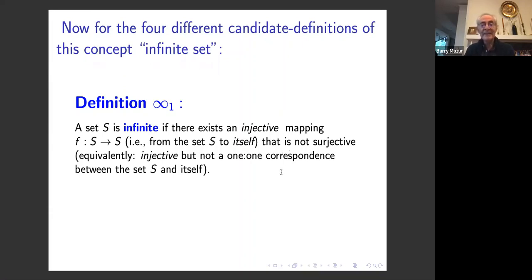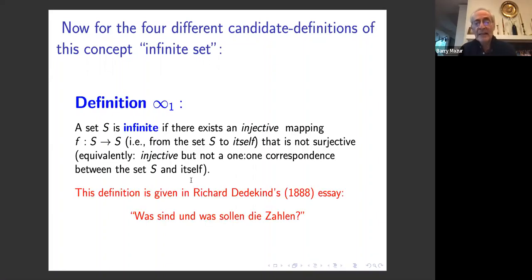Of course, if it's injective and not surjective, it's equivalent to say it's injective, but not a one-to-one correspondence between S and itself, because an injective and surjective map is bijective. Okay. This is Dedekind's definition in his essay, Was sind und was sollen die Zahlen? What are and what should be numbers?